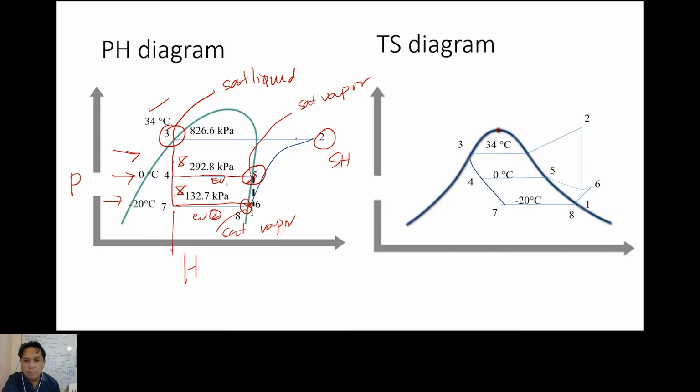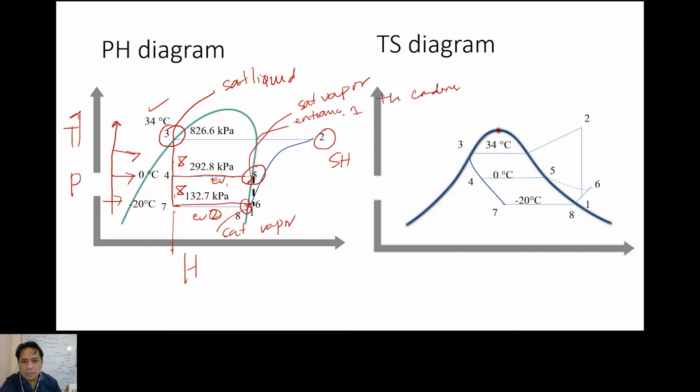By virtue of high pressure, the temperature is also going high, so it is in the superheated region. Now, where is the entrance of the condenser? Here. That's the entrance of the condenser.